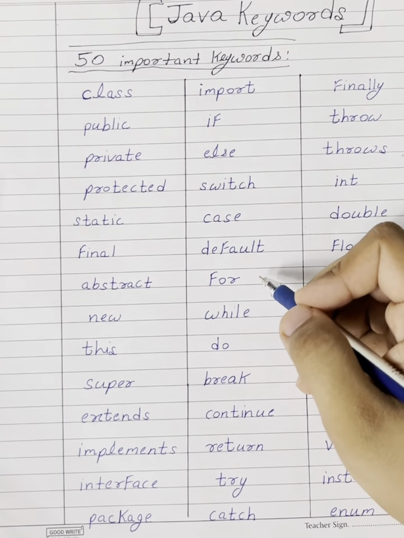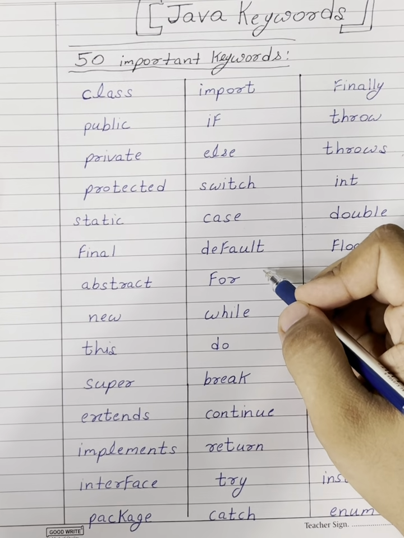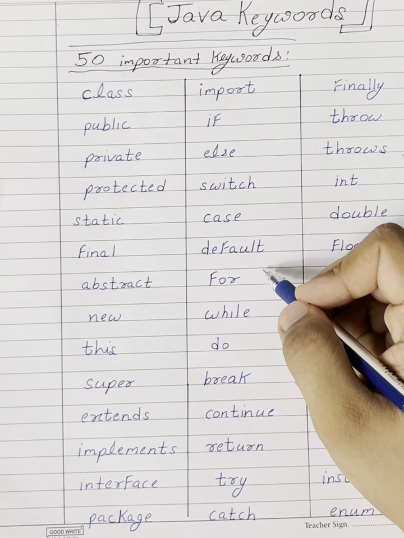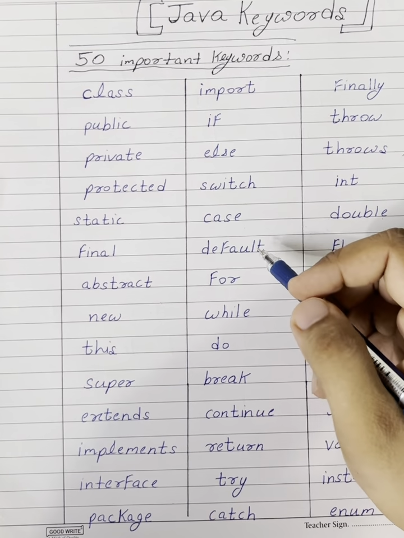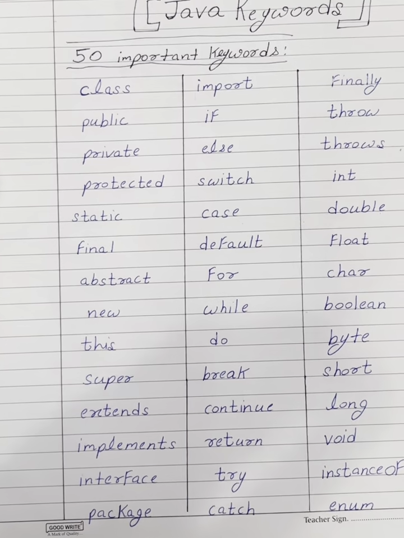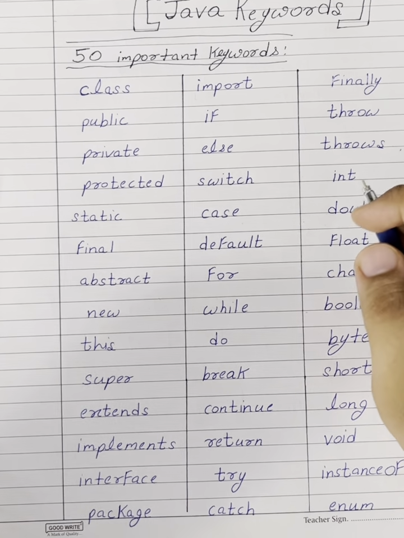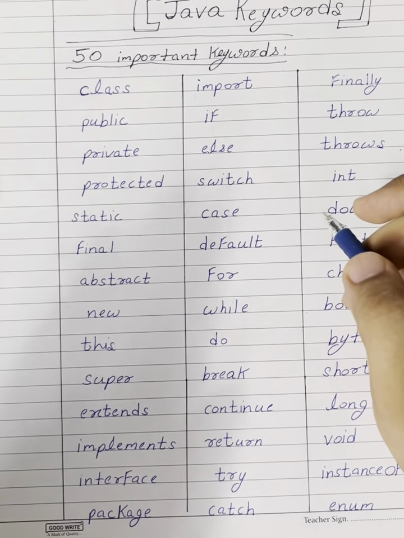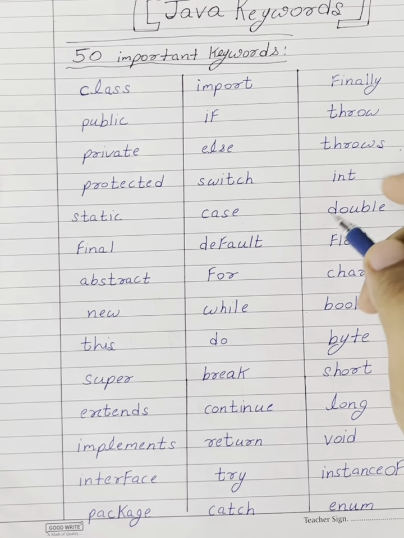It serves as the final alternative, and this is similar to the else block in an if else statement. Also, this keyword ensures that the program can handle unexpected or invalid input easily instead of doing nothing.